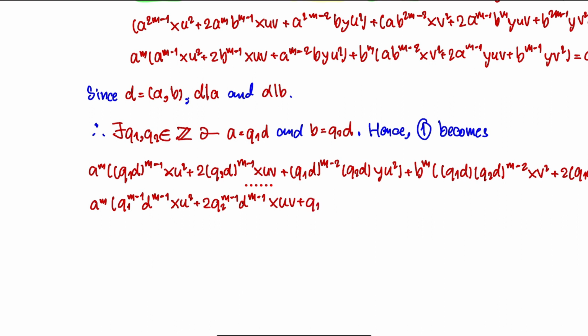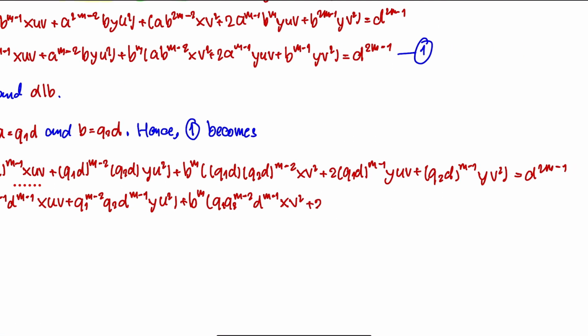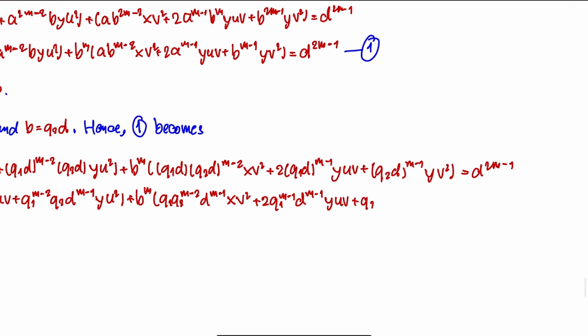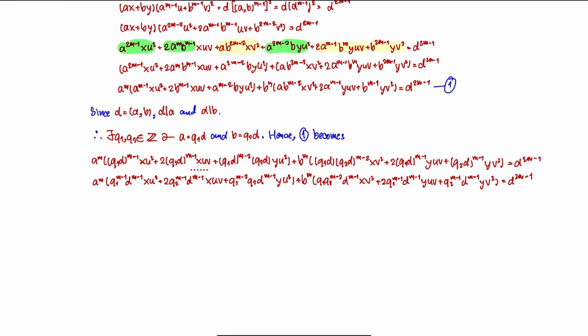We're going to have q1 to the m minus 2 q2 d to the m minus 1 y u squared plus b to the m, q1 q2 raised to the power m minus 2 and d to the m minus 1 x v squared plus 2 q1 to the m minus 1 d to the m minus 1 y u v plus q2 to the m minus 1 d to the m minus 1 y v squared equals d to the 2m minus 1. Okay, great. This is what we have right here.